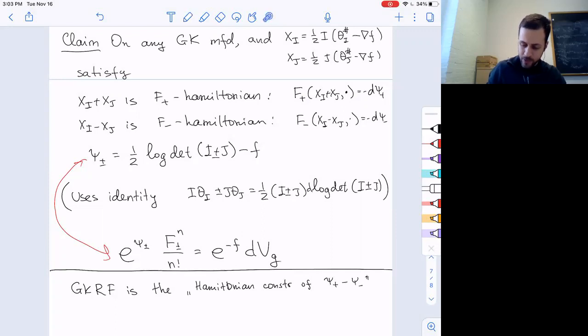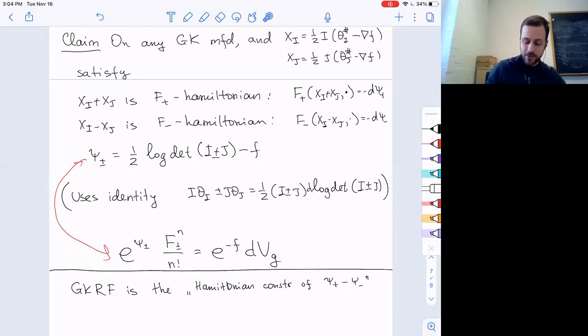So the difference of these two functions can be put inside this machine of Hamiltonian flow construction, and the deformation is what generalized Kähler Ricci flow does. The reason why I put quotes here is because this function is actually not smooth on the entire manifold. If you remember our definition, we wanted our function phi to be a smooth function on the manifold, while this is not. And even though it's not, its Hamiltonian flow construction is well defined.